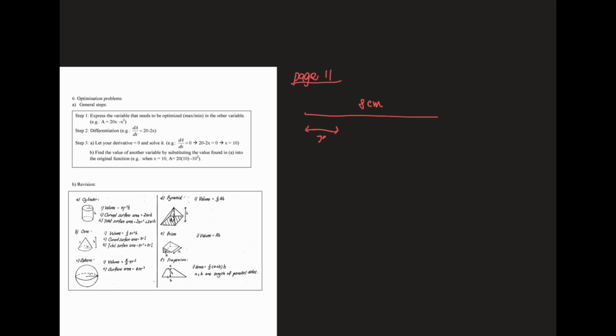Okay, so x and 8 minus x. The piece of length x cm is bent to form a circle with circumference x cm. The other piece is bent to form a square with perimeter 8 minus x.